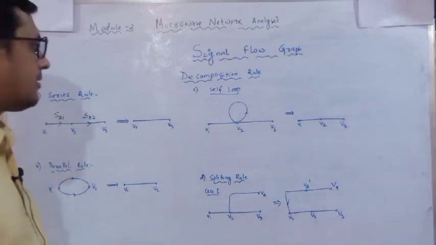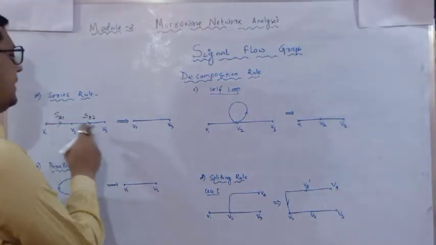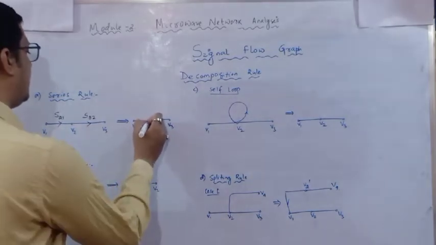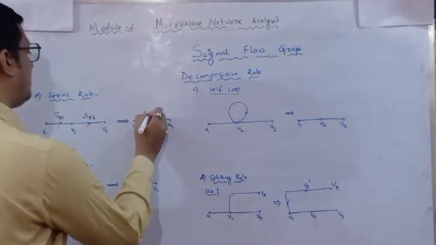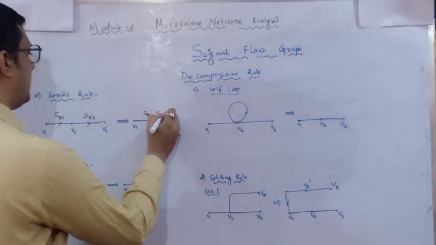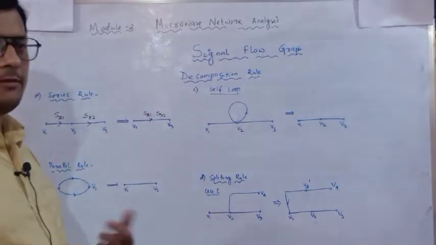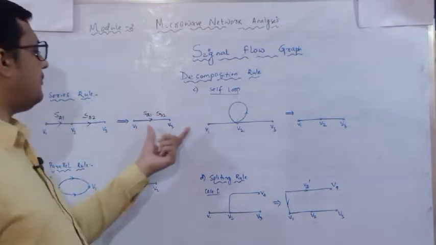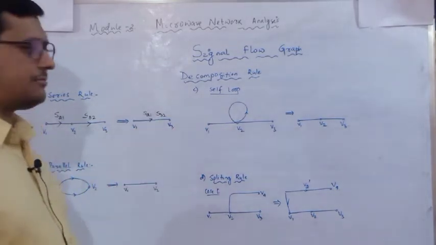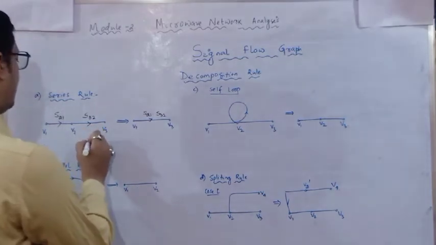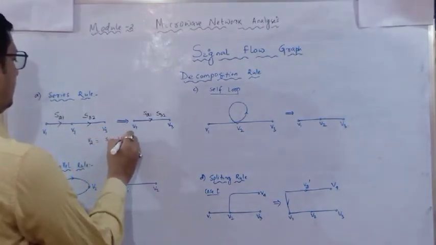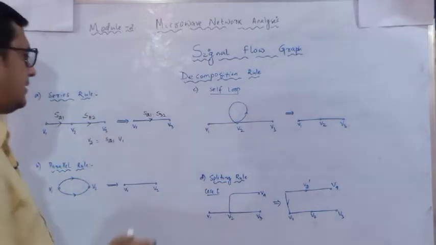Same principle here also. So V1 and V3, if I want to reduce as a series, then here the branch will have S21 into S32. So this is the total product of the scattering parameters. So V1 to V3, the total gain is this much. Here I can write V2 is equal to S21 into V1. This is the first relation.